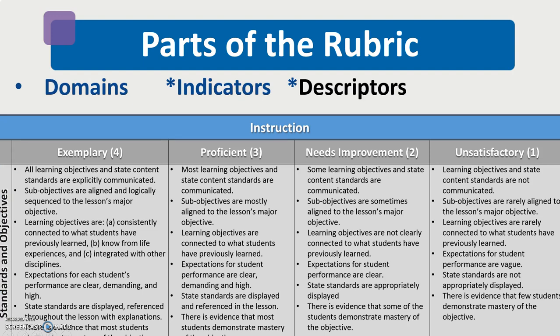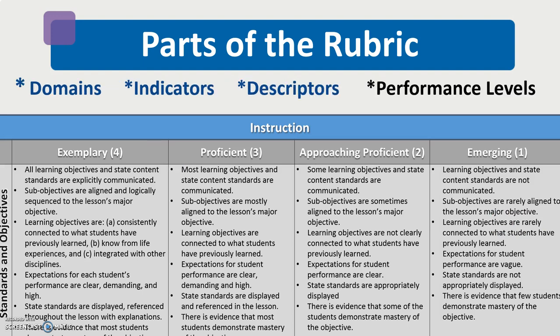Within the indicators, we have descriptors. So the descriptors under this proficient level are all of these bullet points here. There are also descriptors under needs improvement, there are descriptors under unsatisfactory, and descriptors under exemplary. So these are the descriptors that go along with the standards and objectives indicator within the instruction domain.